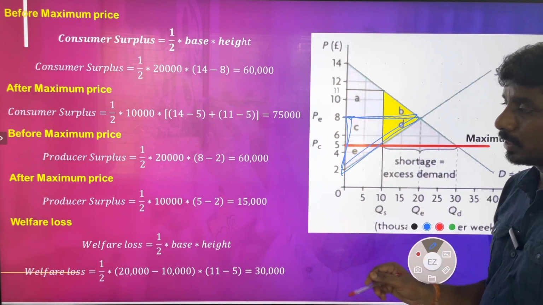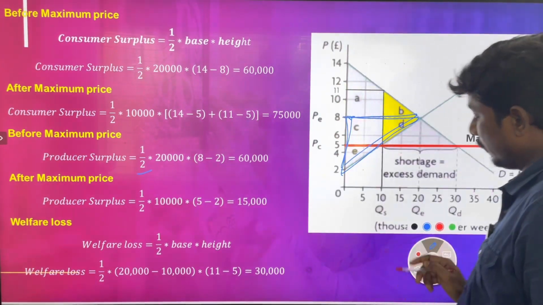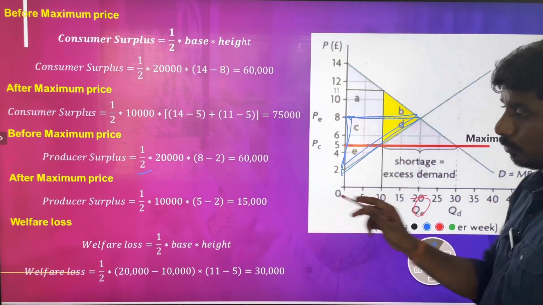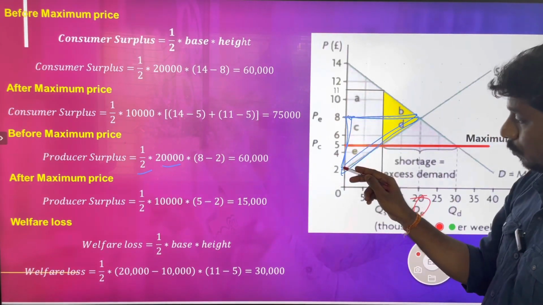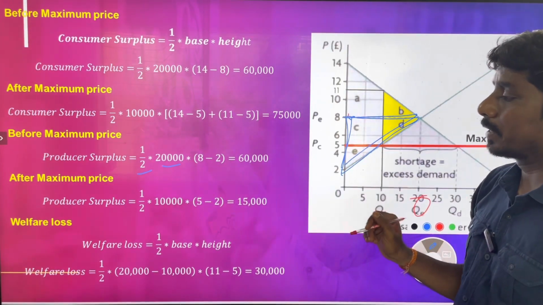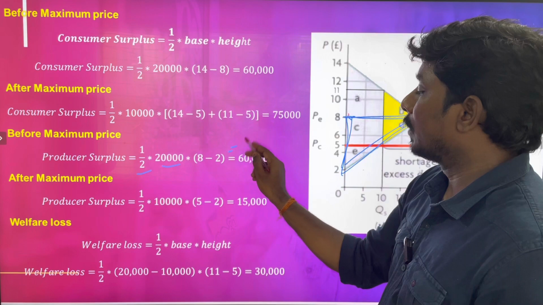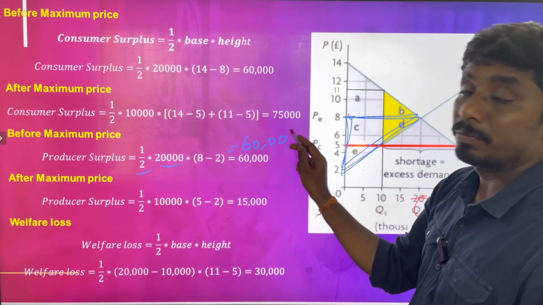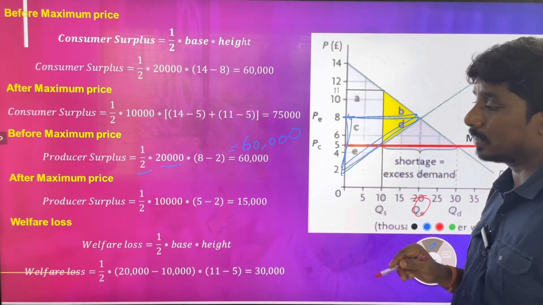Calculating with the same formula, half into base into height: half into 20,000 units into 8 minus 2, so 6. So we will get a producer surplus of 60,000 before the maximum price is set.